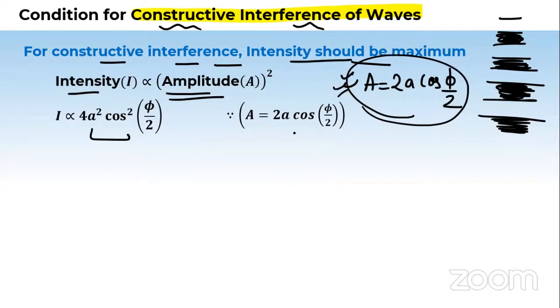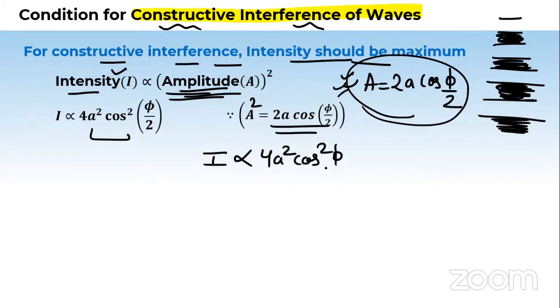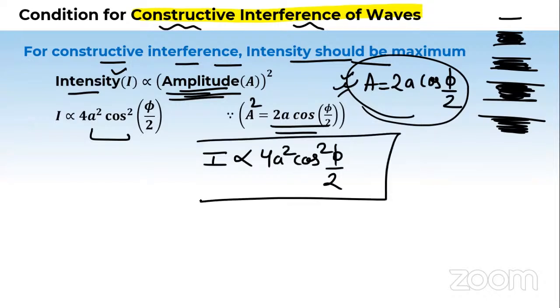Okay. So we know intensity is proportional to the amplitude squared. This we all know. So make it square here like this. If you square this term, this will give you 4a squared cos squared(phi by 2). Intensity will be 4a squared cos squared(phi by 2).